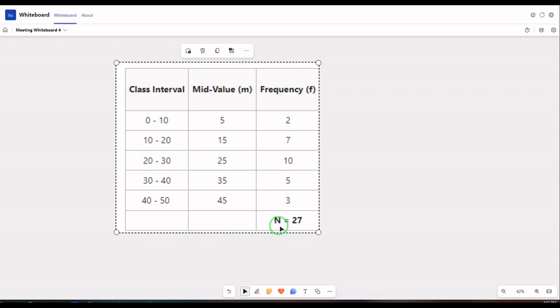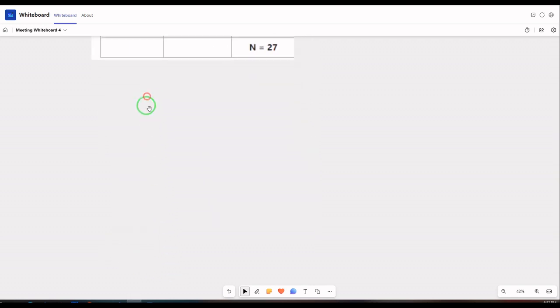I also calculated the total frequency. So what I want you to do, first of all, calculate the mean and the standard deviation. It's up to you which formula you want to use. As long as you do all the steps correctly, I will accept the answer.